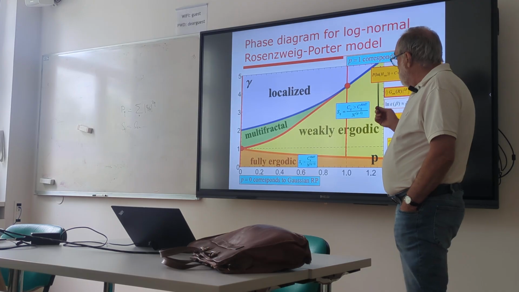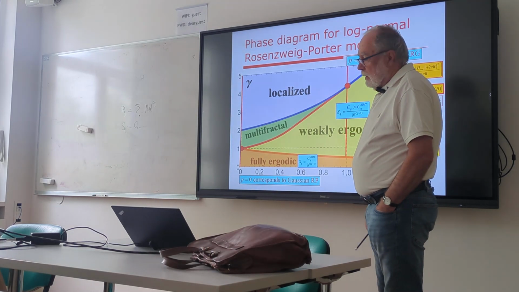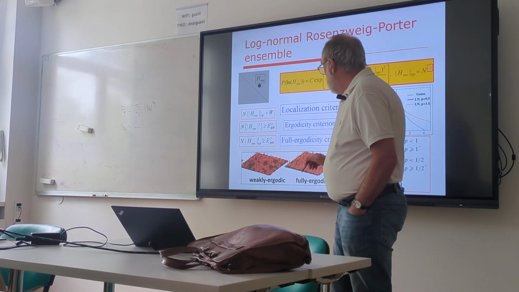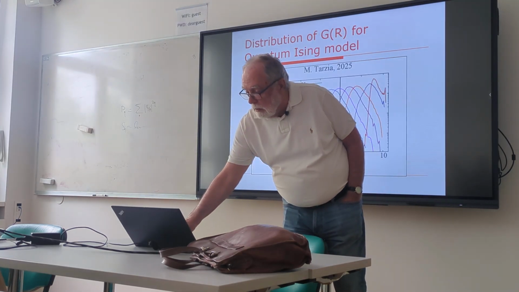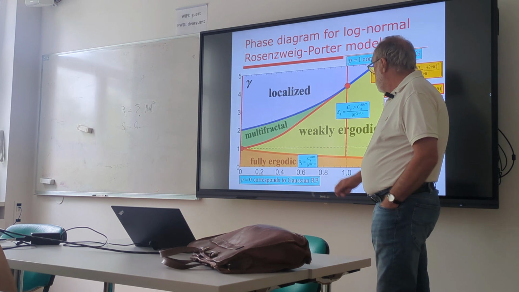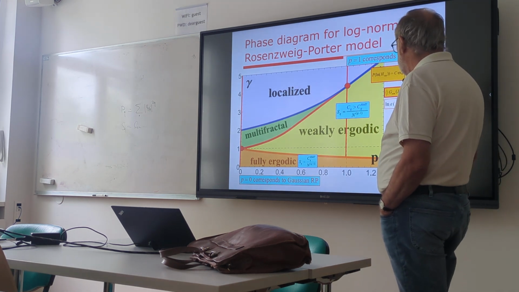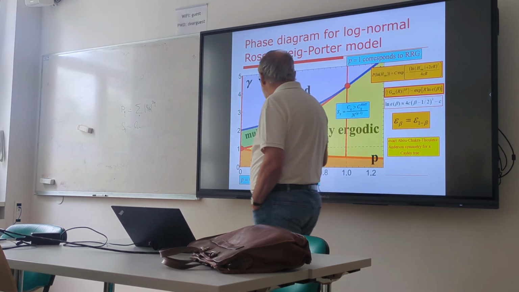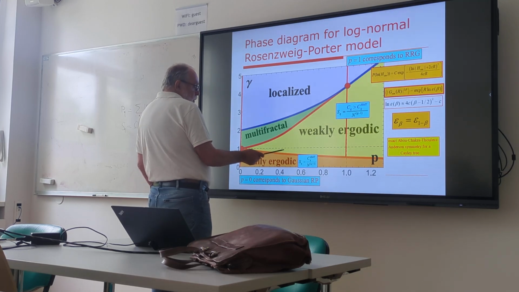Yeah, so the thing is that when this weakly ergodic phase is far from fully ergodic, which means that when there are many holes like this, then this coefficient is much greater than that one, parametrically greater. And so we can speak about the transition between these two.